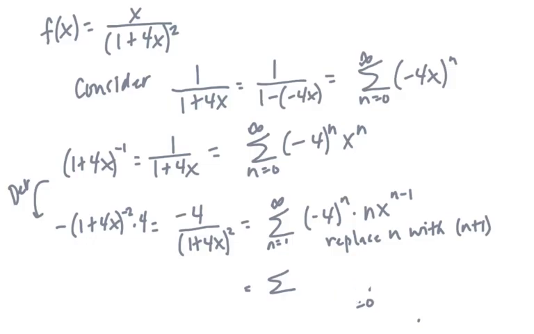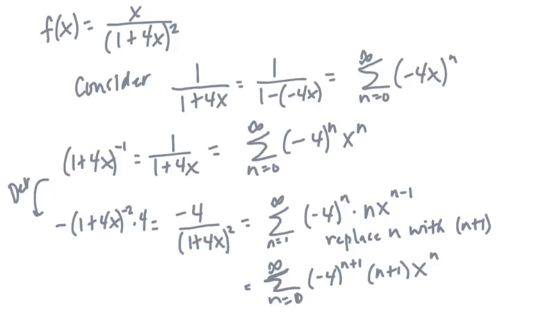That's what's happening here. So we have the sum from n equals 0 to infinity of negative 4 to the n plus 1, times n plus 1, times x to the n plus 1 minus 1, which is just n. So our right-hand side looks like this series.